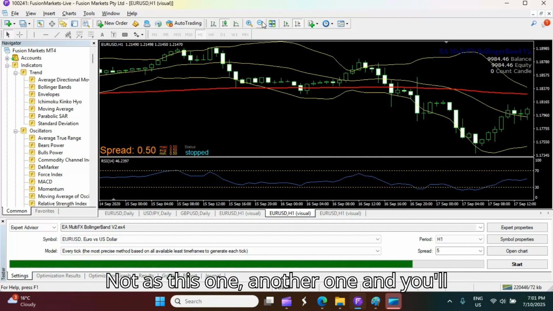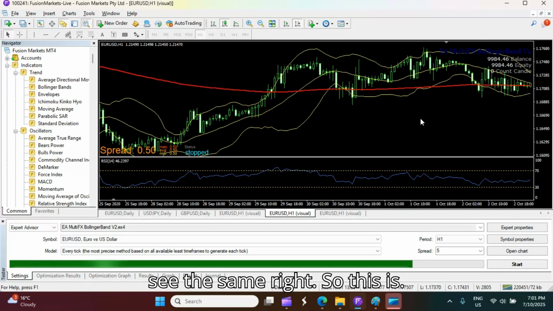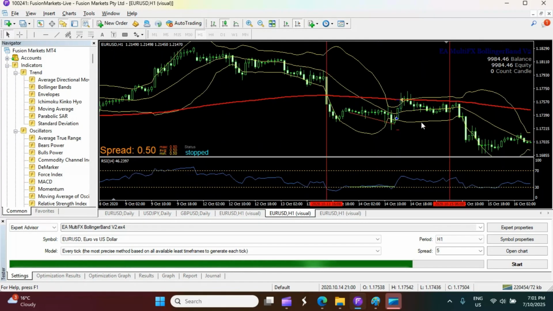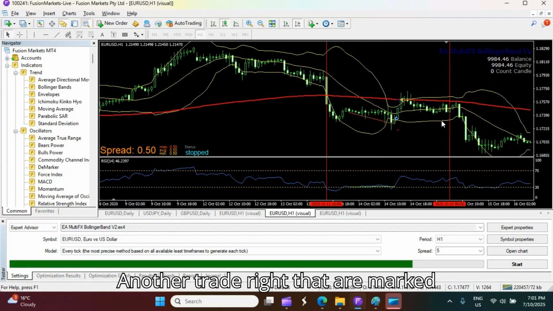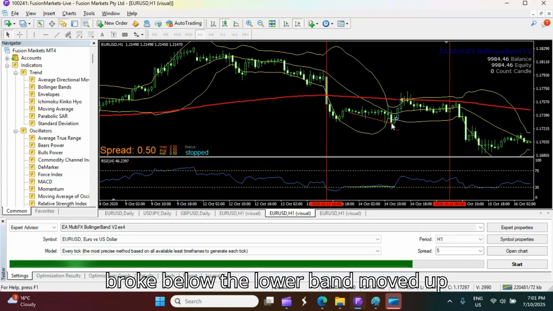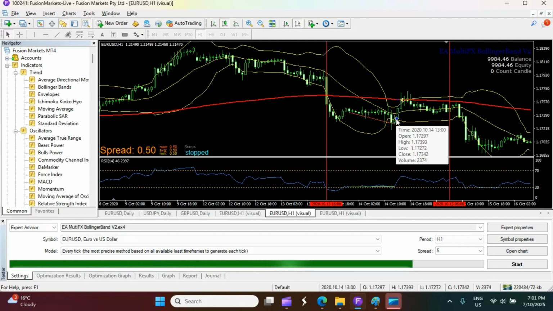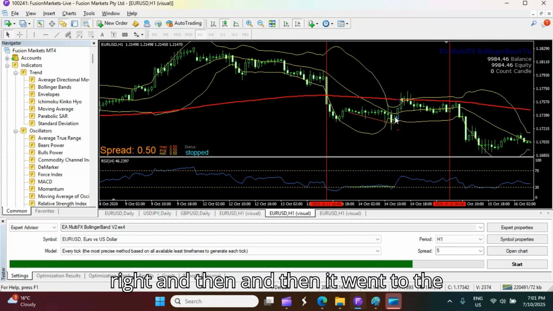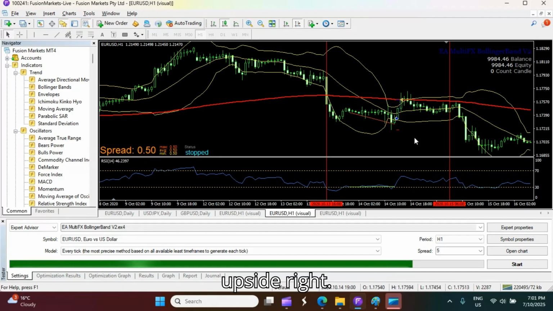All right, let's find another one, and you'll see the same. So this is another trade that I marked between these two red lines. RSI was slightly going up, and then the price was going down. Price broke below the lower band, moved up, and then it went to the upside.